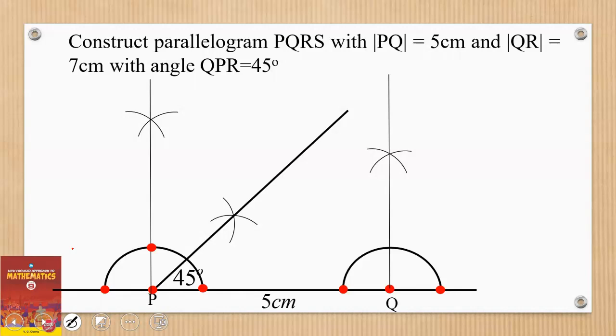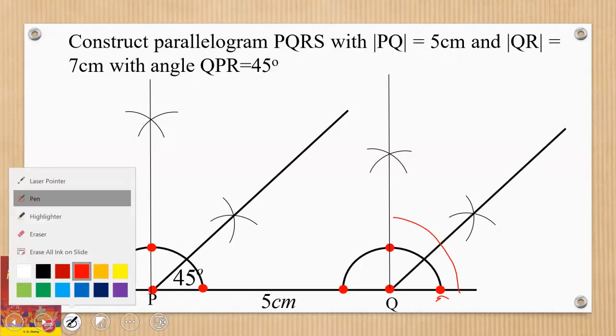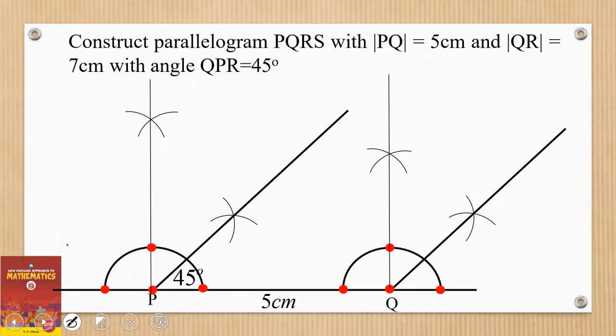Now we want 135, so when I bisect the angle that is here, I'll get 45 and add it to 90 to get 135. And so I put a compass pin at the point here and draw another arc, put it at the other side and draw another one. This time I will join this together with a ruler and the angle constructed becomes 135. I hope that is clear.